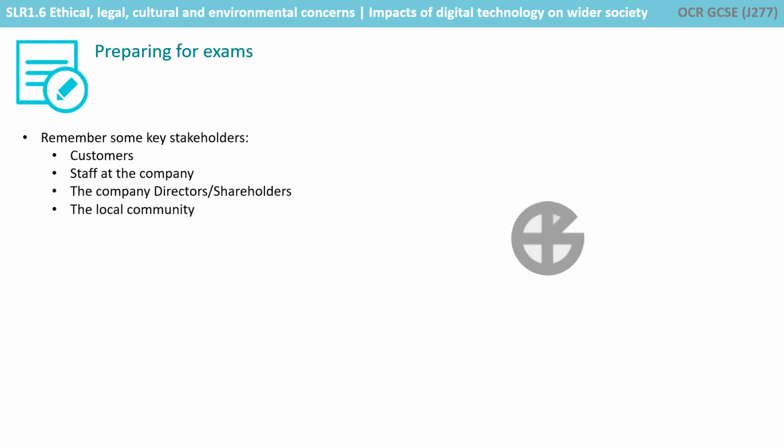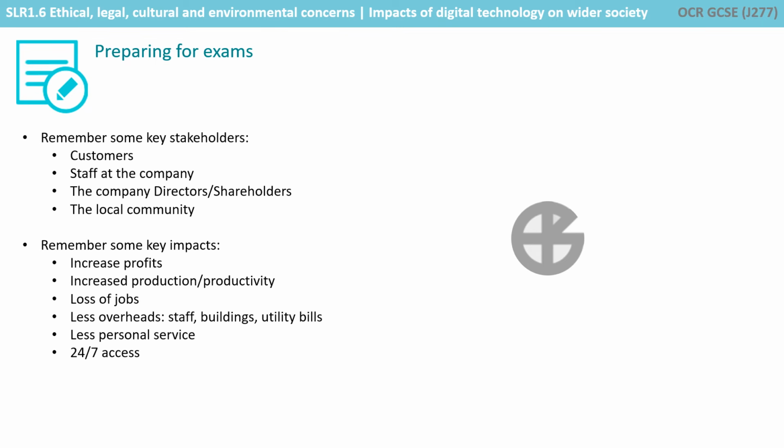So what you need to do is remember some key groups of people that could be impacted. With most scenarios, you've probably got customers, you've got staff, you've got the company directors and shareholders, and you've got the local community. Now, that won't necessarily apply to all the scenarios, but with a little bit of adaptation, it does cover a vast range of possibilities.